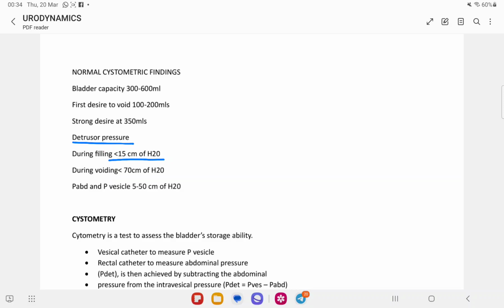For now, you should know that during the filling phase the detrusor pressure should be less than 15, with no rise during filling, and during voiding it should be less than 70. If during voiding it goes higher than 70, it means it is overcoming some obstruction or the detrusor is hyperactive. Abdominal and vesical pressure is usually 5 to 50 centimeters of water during filling also.